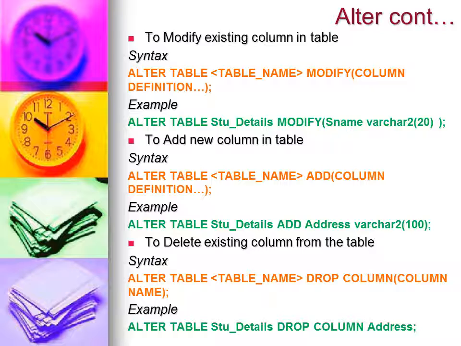Next, to delete an existing column from the table, the syntax is alter table, table name, drop column, within brackets we specify the column name. For example, alter table student details drop column address. So the address column will be deleted.